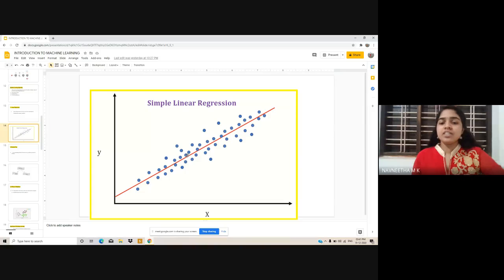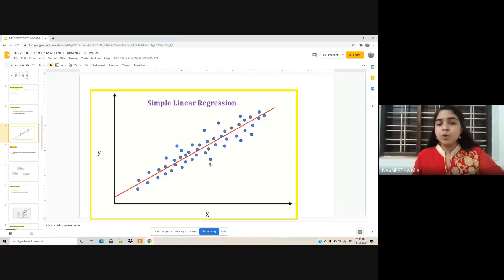In linear regression, we use it to predict something. In any prediction, there is a chance of error occurring.